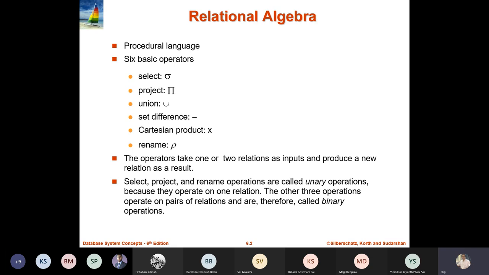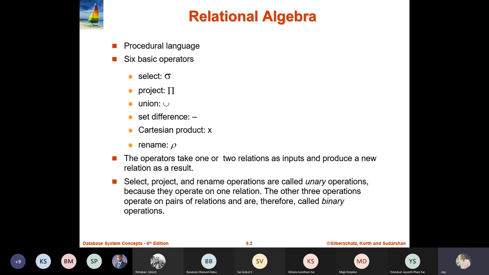Once we talk about relational algebra, this is a procedural language. The other two, as we'll see, are declarative. There are six basic operations you are already used to while writing your SQL queries, right? They are select, project, union, set difference, Cartesian product, and rename.